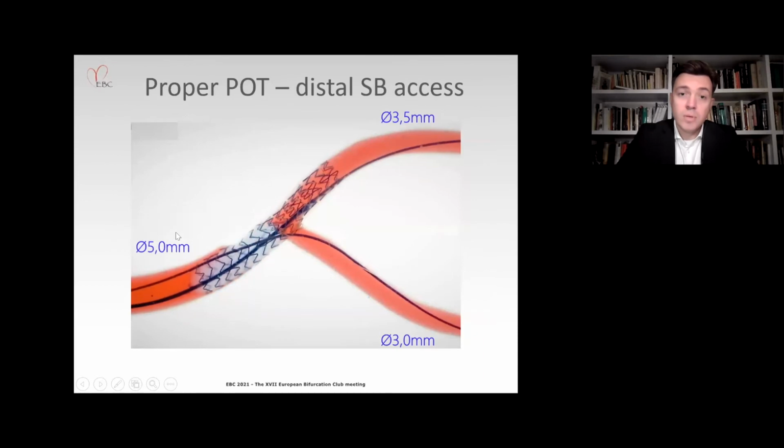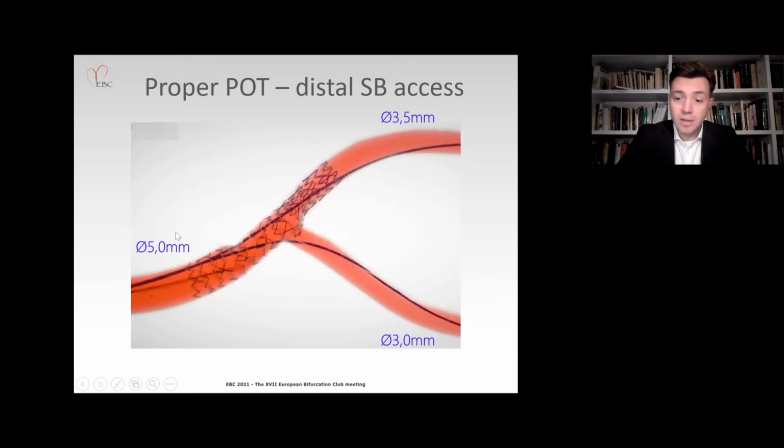So how can we correct this? How can we give us a chance of distal side branch access? Well, by performing proper POT. And as you can see on this bench test, this may require 2 balloon inflations. So we need to take care of the proximal edge of the stent, and we need to be precise at the carina.